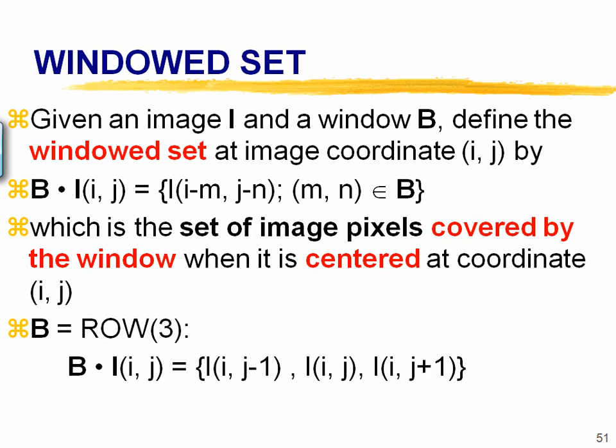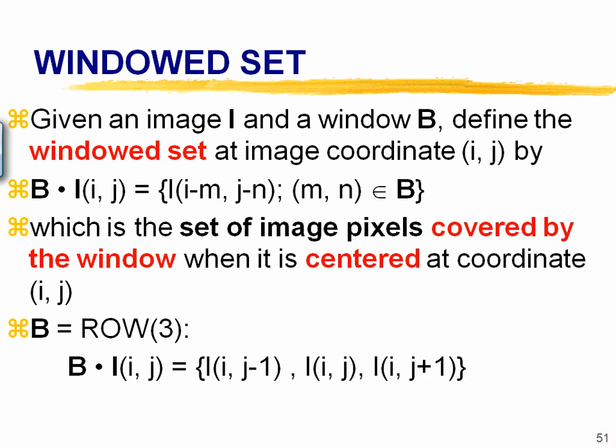So to define a windowed set given by window B over an image I, we will write that as B dot I of i comma j, which is basically the set of pixel values, intensity values given by the image I over the position i comma j and the coordinates shifted according to the coordinates of window B. So I would have basically I of i minus m, j minus n, where m n belongs to B.